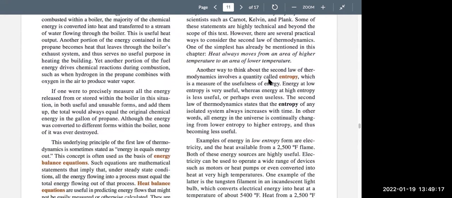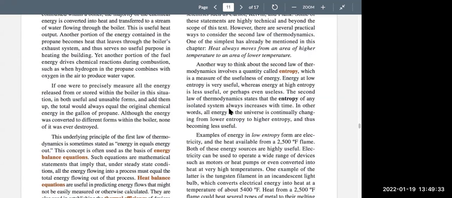Then they get into a concept called entropy. And entropy is just a matter of how useful that energy is. Like a solid flame is very useful. We can use it for all types of things. You know, the air outside might be 30 or 35 degrees, and there's heat actually in that air, but we have to use a compressor to get it.